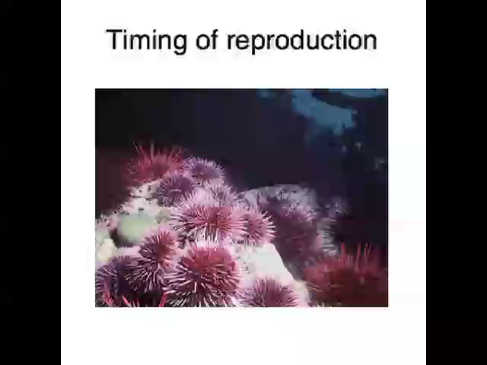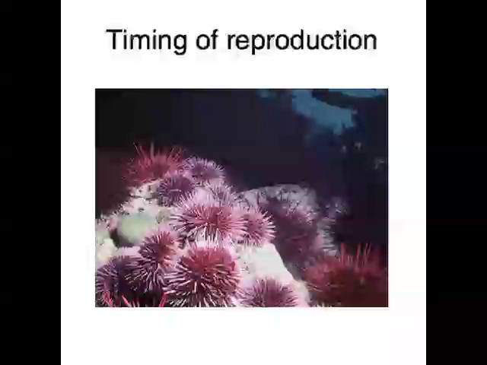Now, if you're an aquatic animal and you're about to release millions of your gametes into the ocean, you kind of want to do it when someone of the opposite sex is about to release their gametes too. So how do you make sure that your gametes are going to meet up with some other gametes, fuse to form a diploid zygote, and then go through indirect development to make a new organism? Well, what organisms like that do is coordinate the release of their gametes to occur at a particular time.